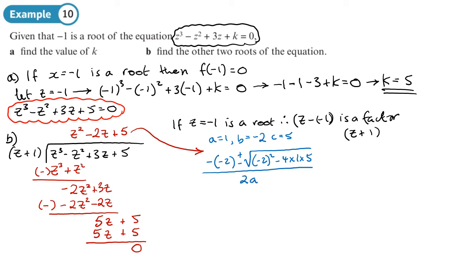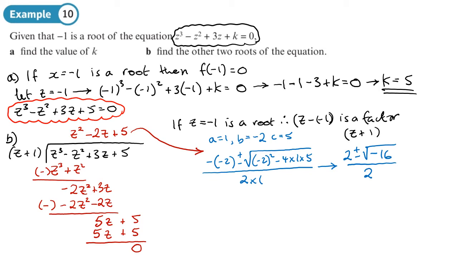So from there I will get 2 plus or minus. Now I end up with 4 minus 20, which is negative 16. So plus or minus the square root of negative 16. So here I can see the complex roots come in. Now I did 2a. I really should have put 2 times 1 here. So 2 times 1, so 2.